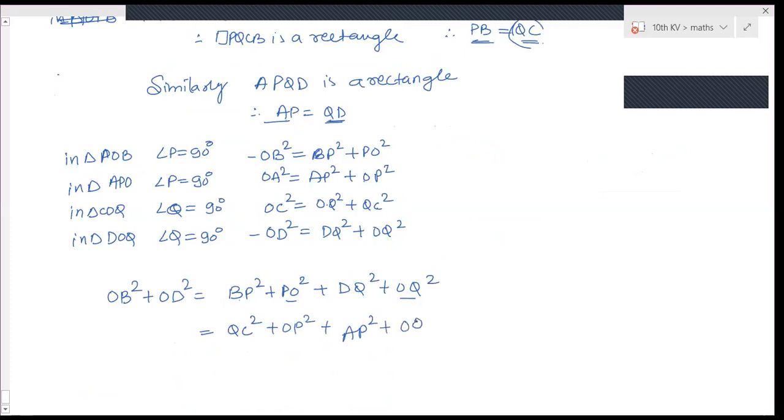Now add these together: QC square plus OQ square plus AP square plus OP square. QC square plus OQ square is OC square, and AP square plus OP square is OA square. So here OB square plus OD square is shown equal to OC square plus OA square.